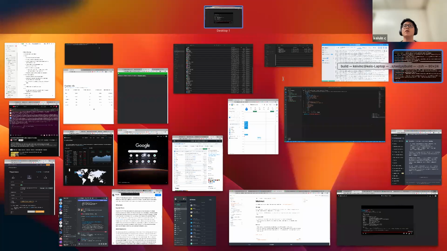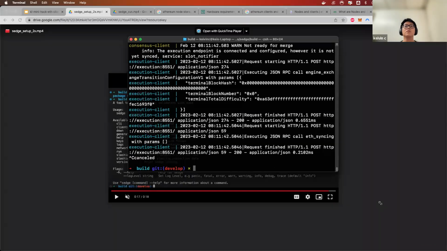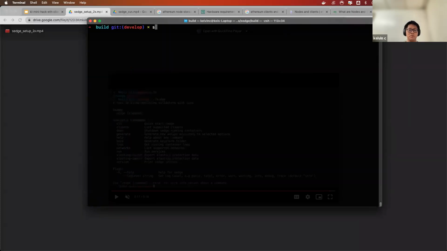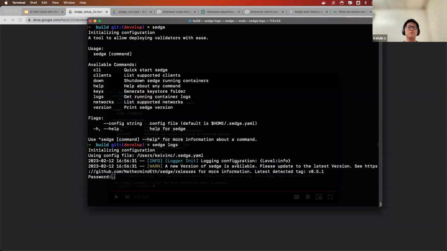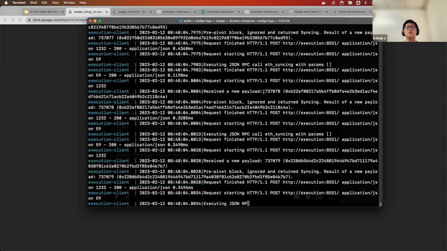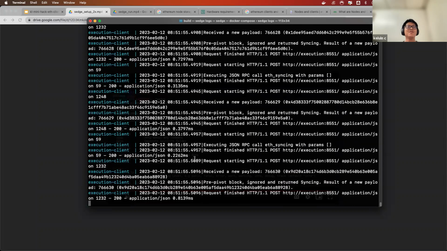So let me just pull up my terminal. Once it's running in the background, you can actually just check out the logs. It's going pretty quickly, but I'll just cancel it.